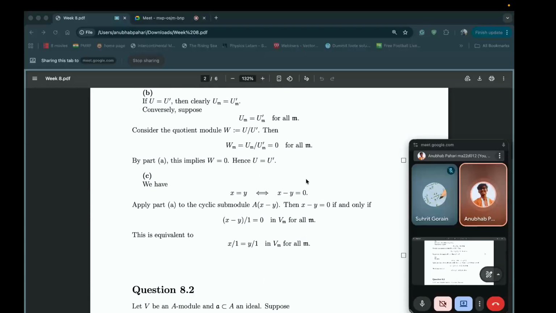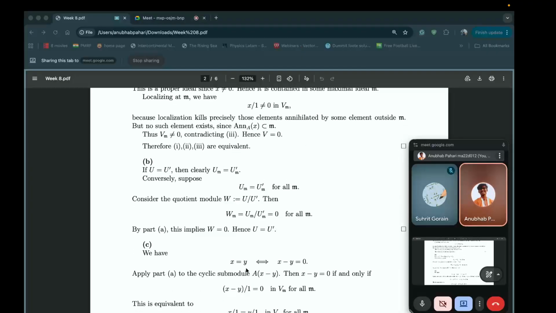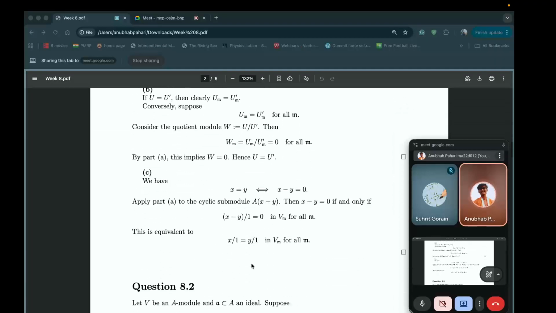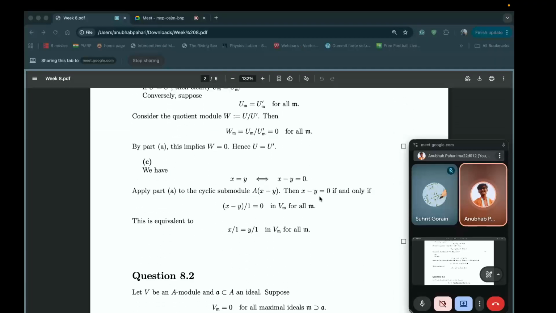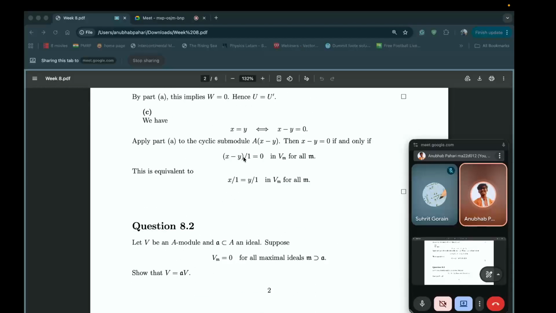This is because if you consider this cyclic submodule as V, then V equals 0 implies x minus y is 0, and V_m equals 0 implies that (x minus y)/1 is 0 in V_m for all m.